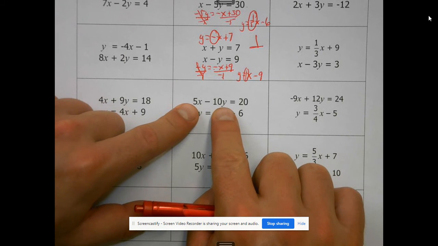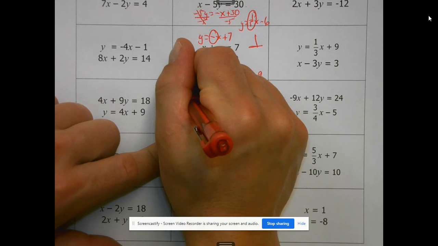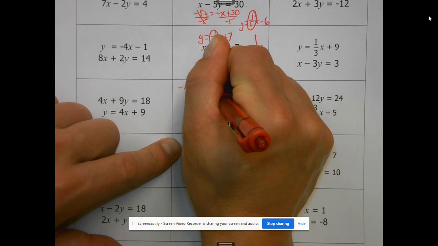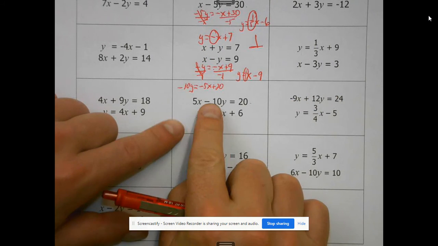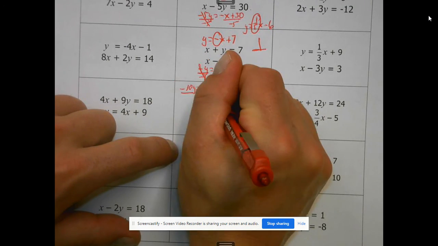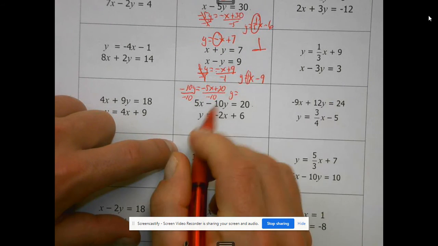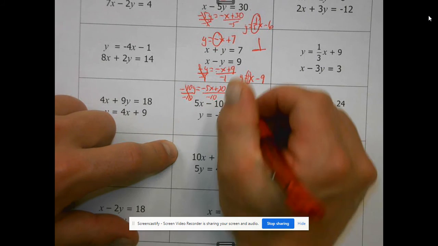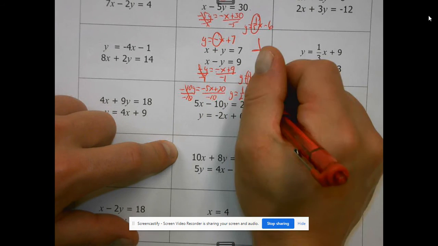First step on this top equation, I gotta subtract the 5x to the right. So I would have -10y equals -5x plus 20. Divide both sides by -10. -5 over -10 reduces to +1 over 2x. 20 over -10 is -2.